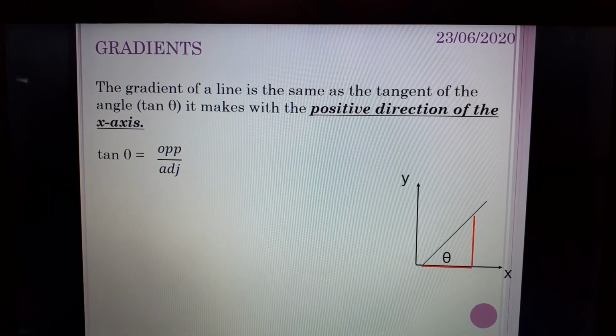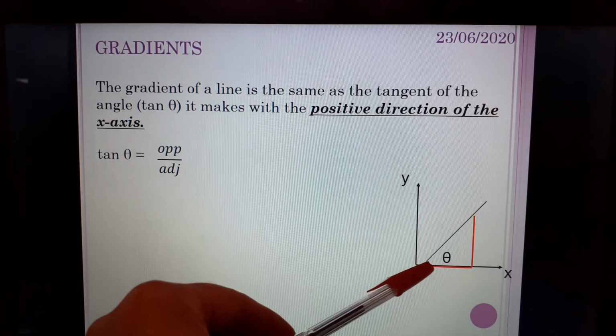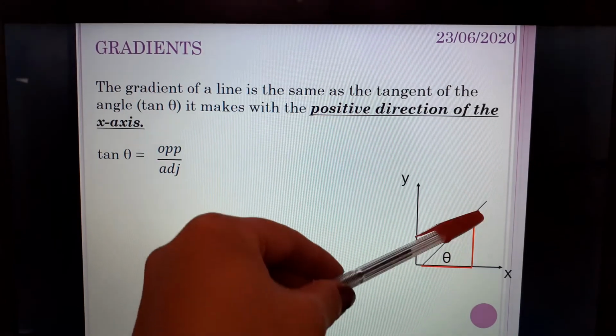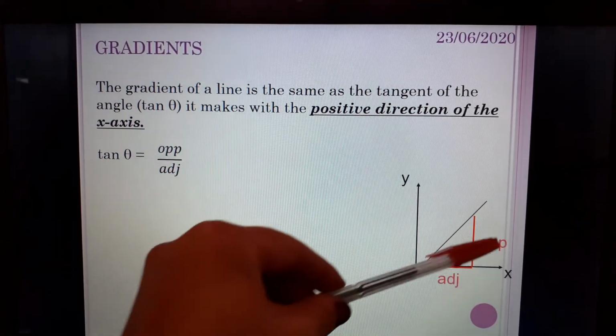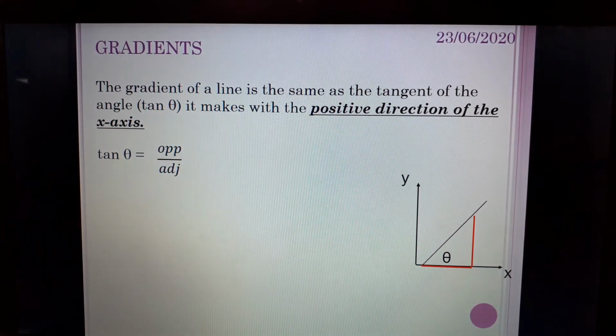Okay, so let me just prove this to you here. We know that tan from SOHCAHTOA is opposite over adjacent. So if we look at this line here, we make up a little right angled triangle, then tan is opposite over adjacent.